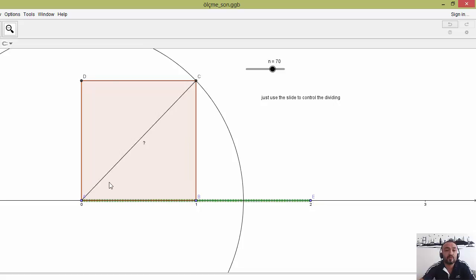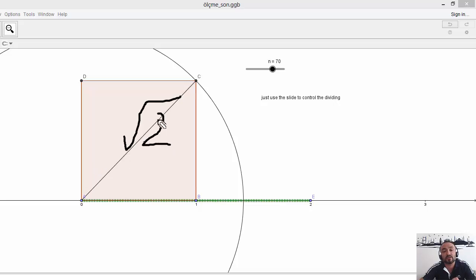We need to show this number with a special symbol, square root of 2.